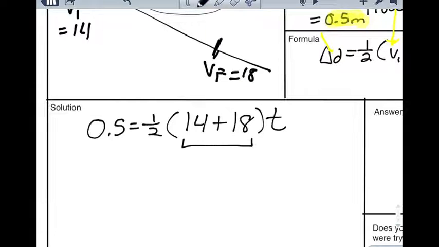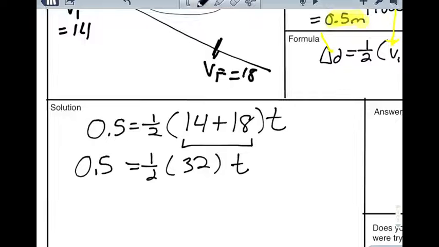So 14 plus 18 is actually going to give us a value of 32. So now you're going to have 0.5 equals 1/2 times 32t. You can break it down even further: 1/2 of 32 is 16. And so you can say, okay, 0.5 equals 16t.